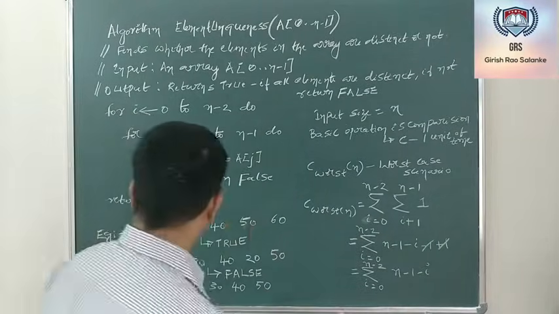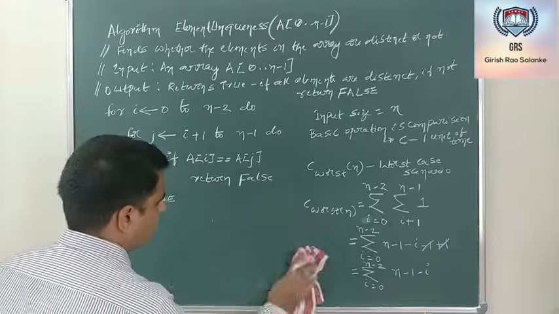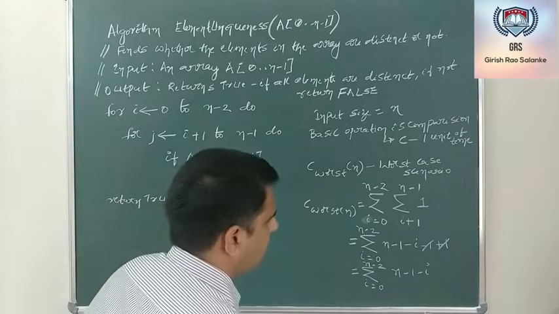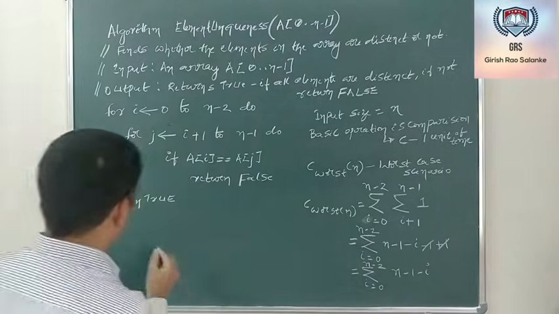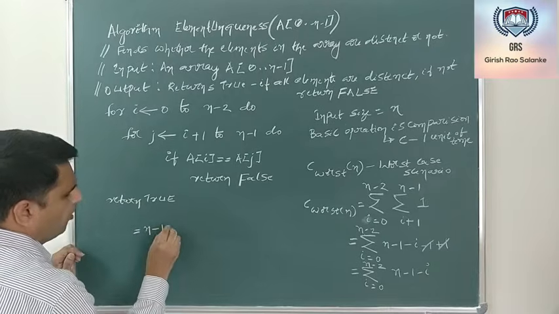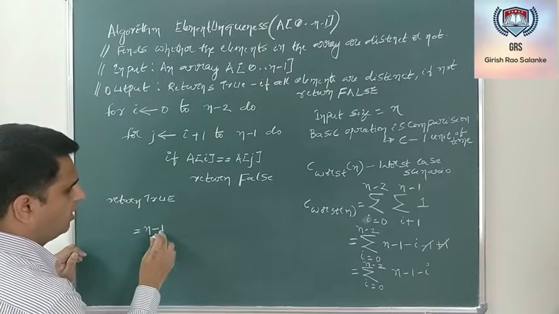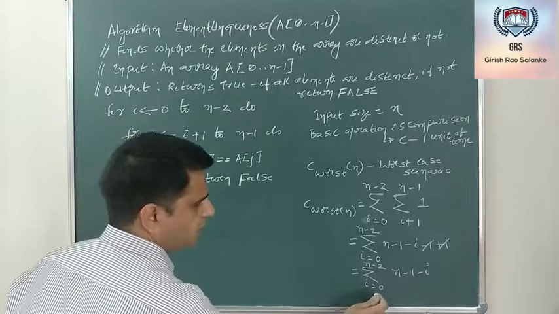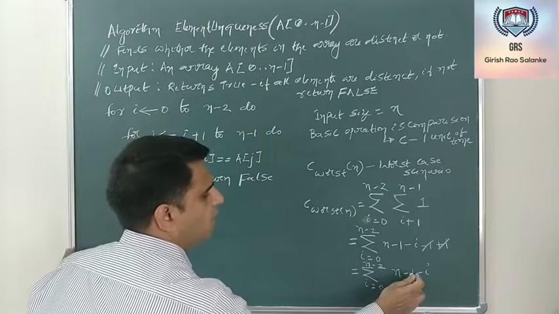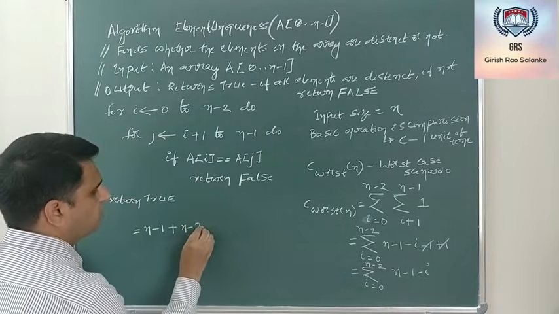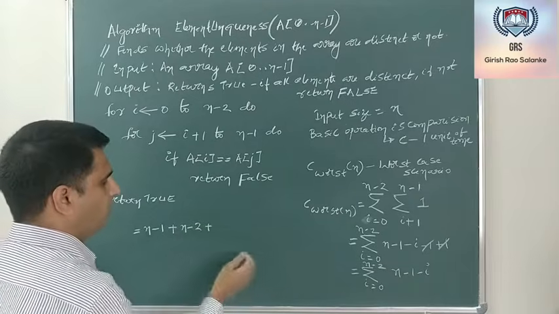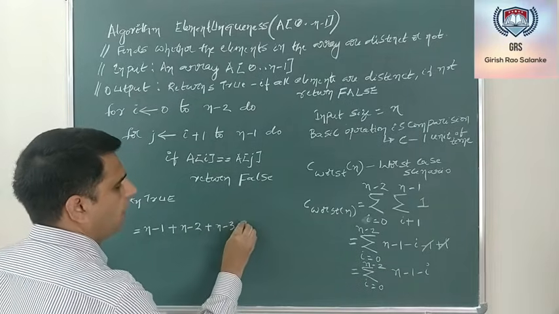Now start substituting the value of i. First, i is equal to 0. This becomes n minus 1 minus 0, as it is, n minus 1, plus, if I substitute the i value as 1, n minus 1 minus 1, this is nothing but n minus 2. If I substitute i value as 2, it becomes n minus 3 and so on.